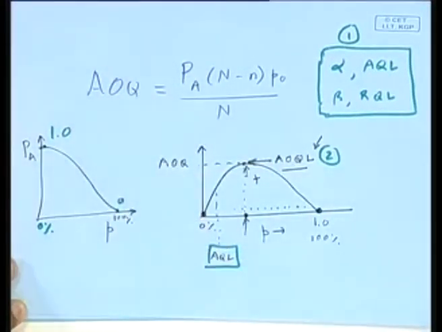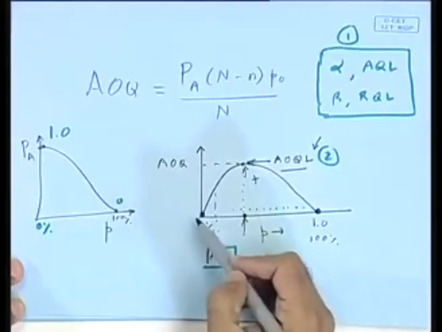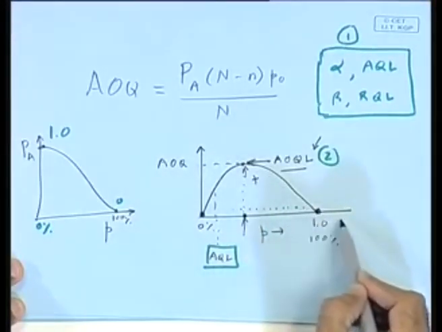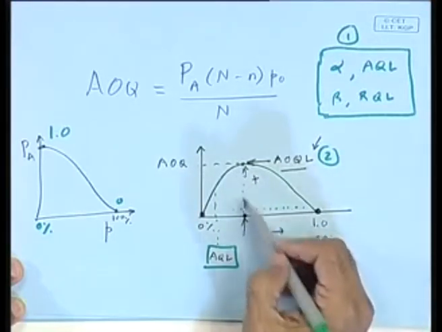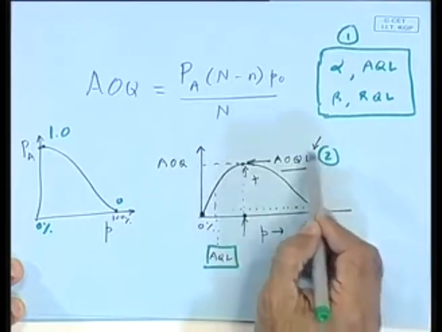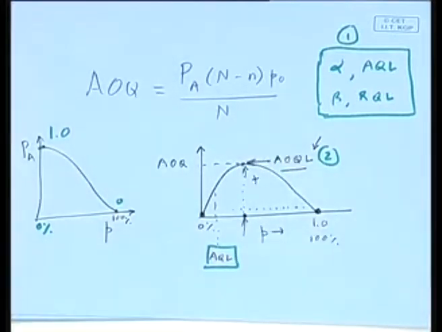AOQ is coming out of your rectified inspection. When you look at rejected lots, what you basically do is you remove all the defects from the rejected lots, and then you pass the lots. If you're doing that, your AOQ curve is going to look like this. And there is going to be a certain point, somewhat midway, where there is going to be the worst level of quality that this sampling plan will try to pass on the average.